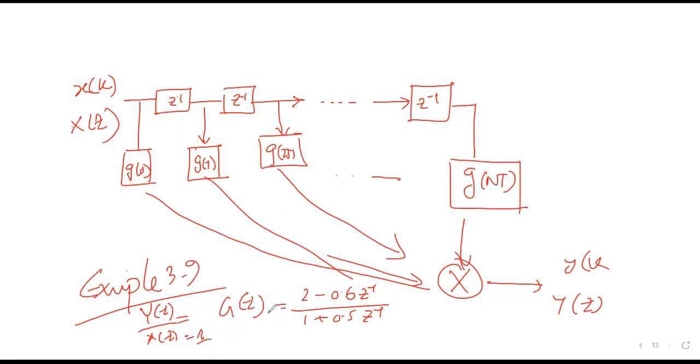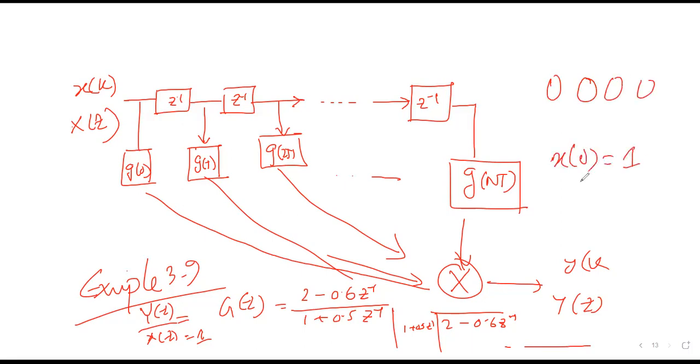Whatever you get by dividing 2 minus 0.6 z inverse by 1 plus 0.5 z inverse, you will find a series. Since it's a Kronecker delta function, each individual sample is the value, because x0 only has magnitude 1. At that particular sample, only that value is your output, and in the next sample, the next value is the output. So if you divide these two, whatever sequence you get is eventually your final response.